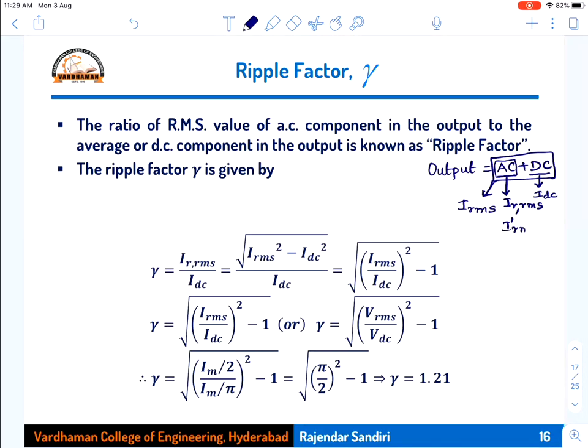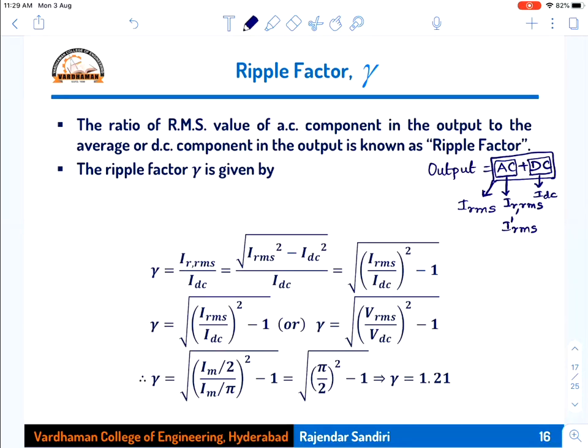Both are same, notations will be different. Next, it is having only DC, pure DC, the DC part IDC.